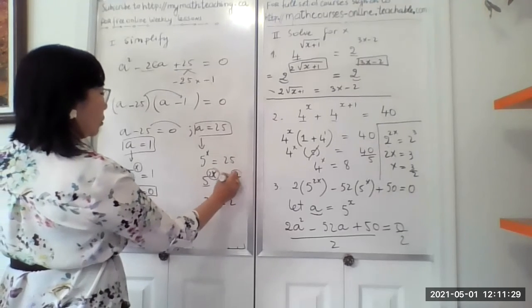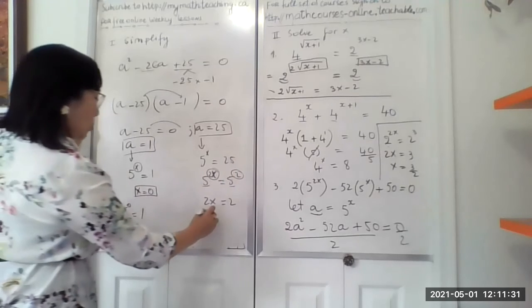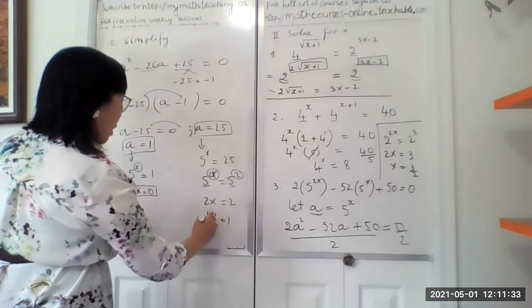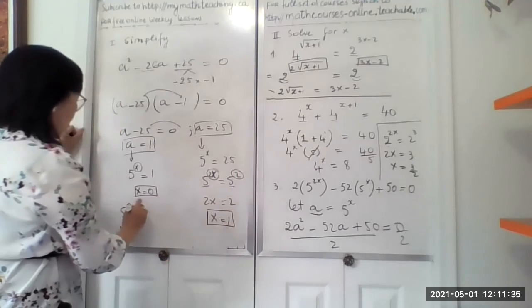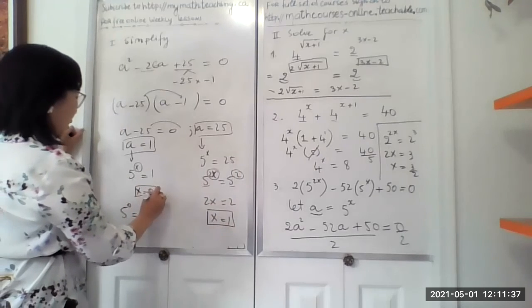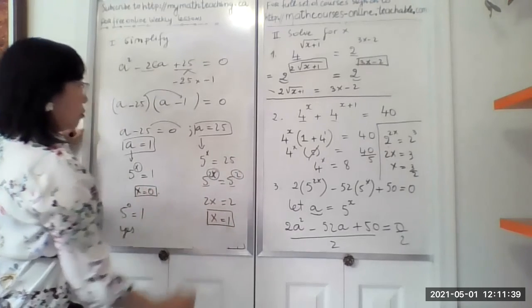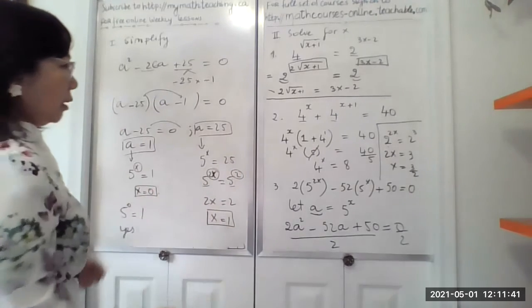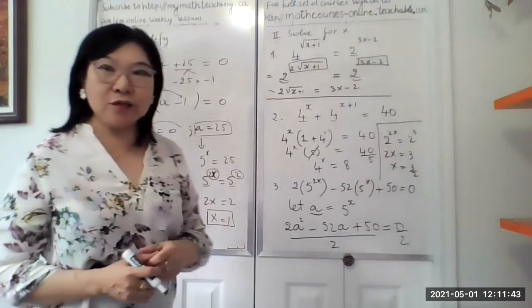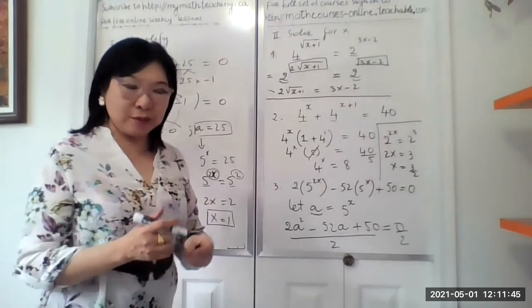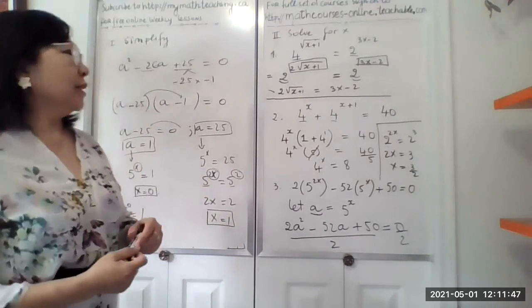I can pair this one with this one. So x will be equal to 2. So those are the two answers I got: x equals 0 and x equals 2. Again, this is not a radical equation, so I'm not going to bother to check it.